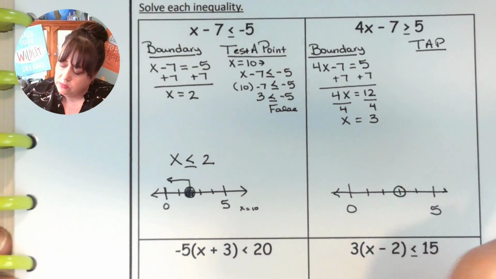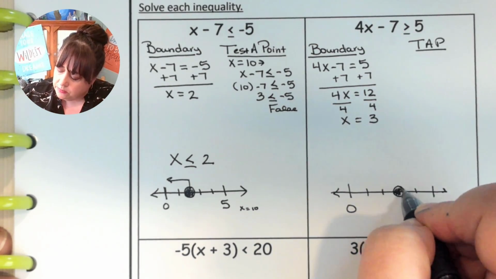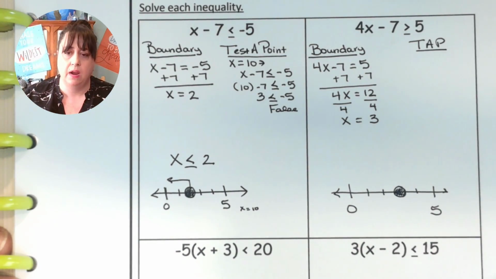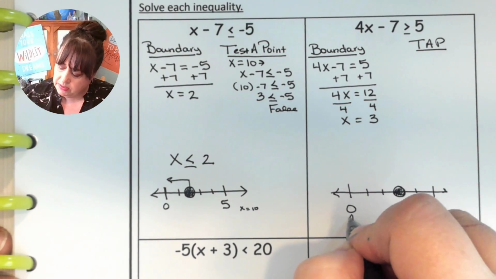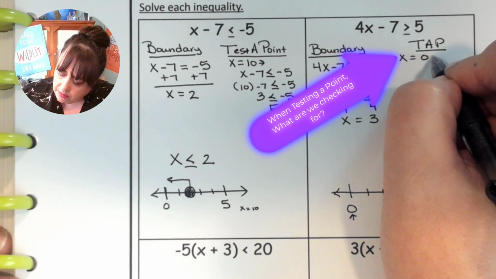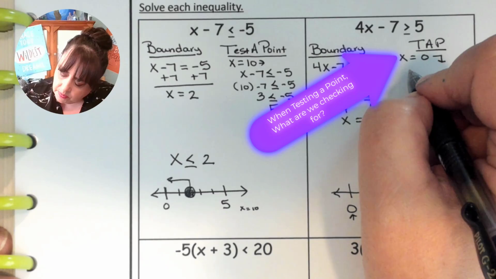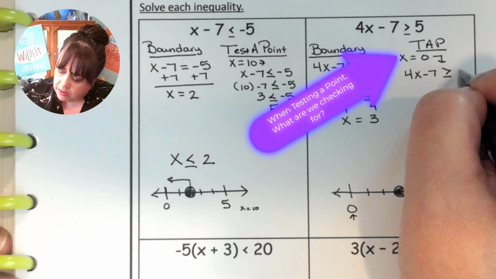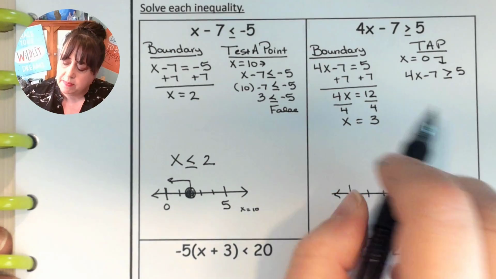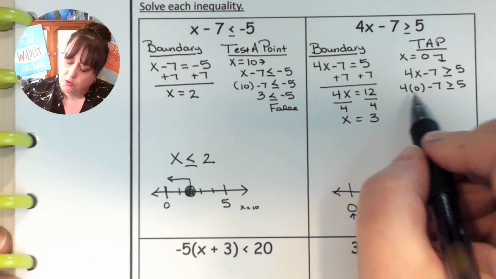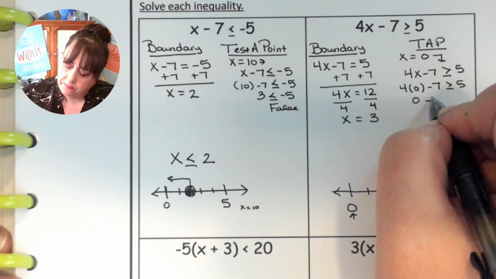It is a closed circle because we said or equal to. Now we have to figure out which way we want to put our arrow, and I'm going to pick 0. This is the point I'm testing. So x equals 0 into 4x minus 7 is greater than or equal to 5. Every time I see an x, I'm going to put a 0 because I'm evaluating. 4 times 0 is 0.